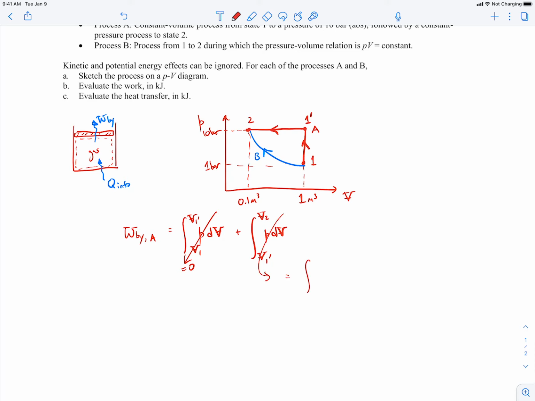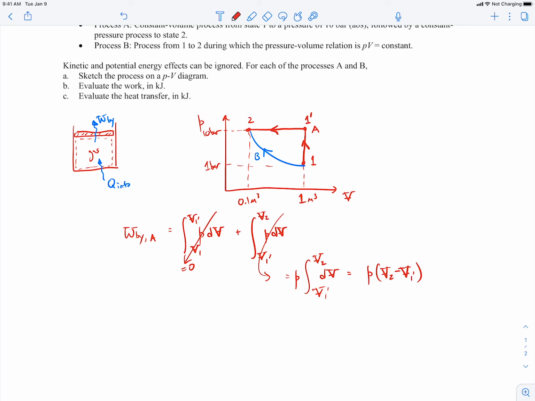So that'll just be the integral from V1 prime to V2 of dV, where the pressure I just pulled outside. So this will just be P times V2 minus V1 prime.